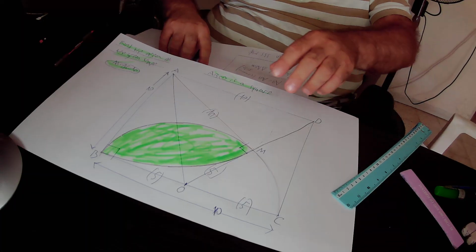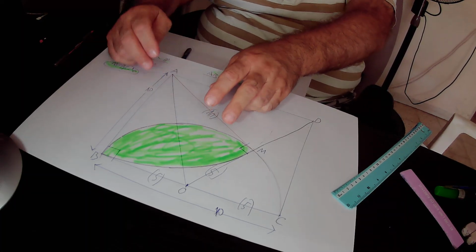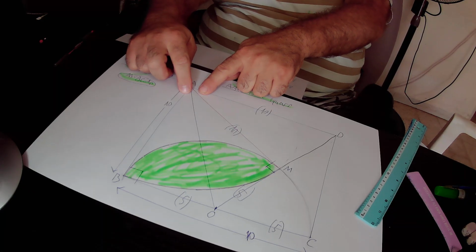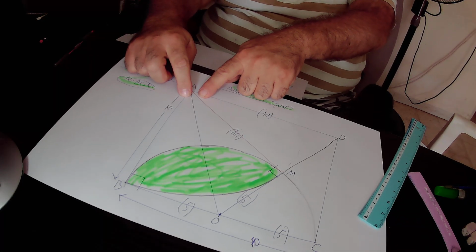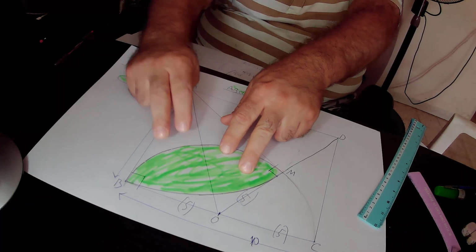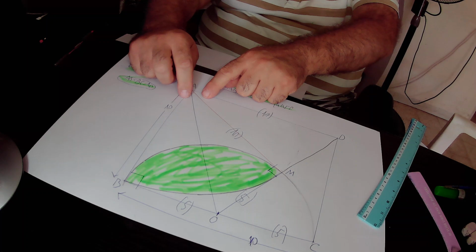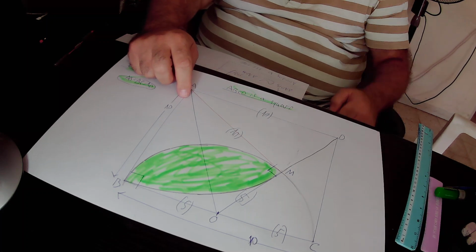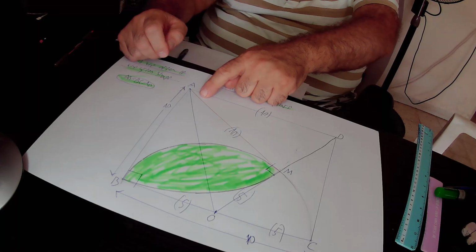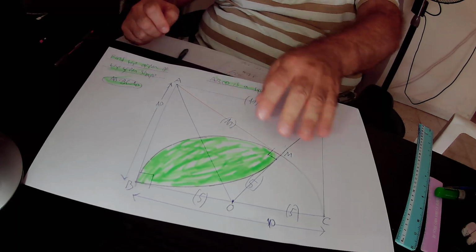And from the fact that those two right triangles are congruent, we derive that those two angles must also be equal to each other, according to the rule that corresponding angles in congruent triangles are equal. So if we define the size of this angle as alpha, then the size of this angle must also be equal to alpha, because they are equal according to the rule that I mentioned.